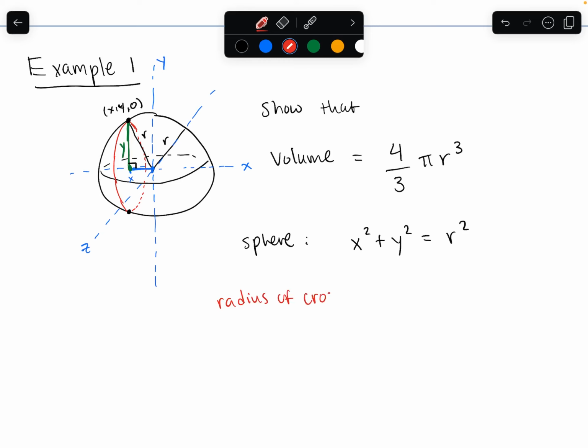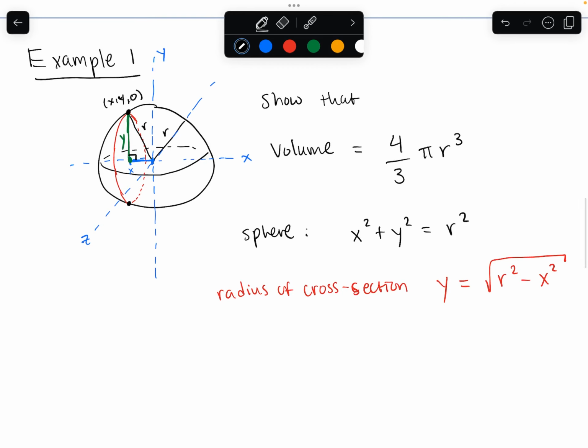Okay, so now I can solve for the radius of the cross-section. The radius of the cross-section is just y equals the square root of r squared minus x squared. You just solve the equation above for y.